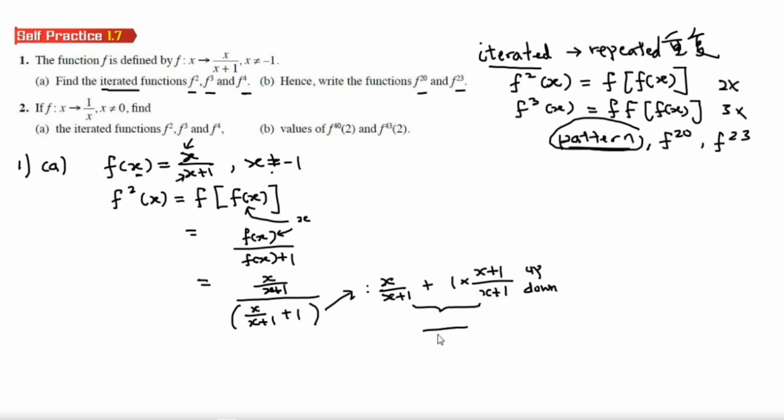Okay, so now we obtain two same denominator, so we can combine it. It will become x plus 1. The numerator is x, this x, plus 1 times x plus 1, x plus 1. So we can write the result as x over x plus 1 divided by x plus x, 2x plus 1 over x plus 1.